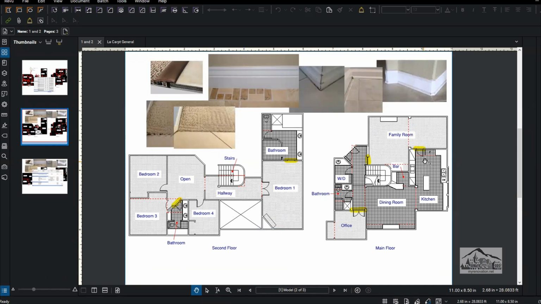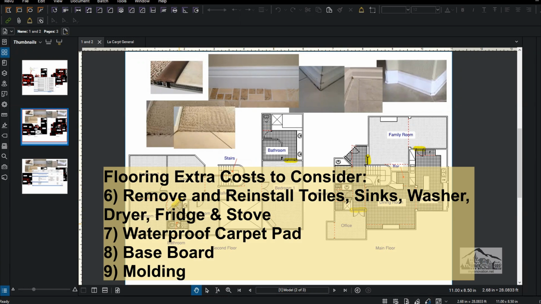Another cost is for the fixtures. For the tiles here, you see there is a fridge and a stove. If there is a washer and dryer, and also toilets. Here we have 1, 2, 3 toilets. They have to be removed. We install the tiles and then put the toilet back again with a new ring.